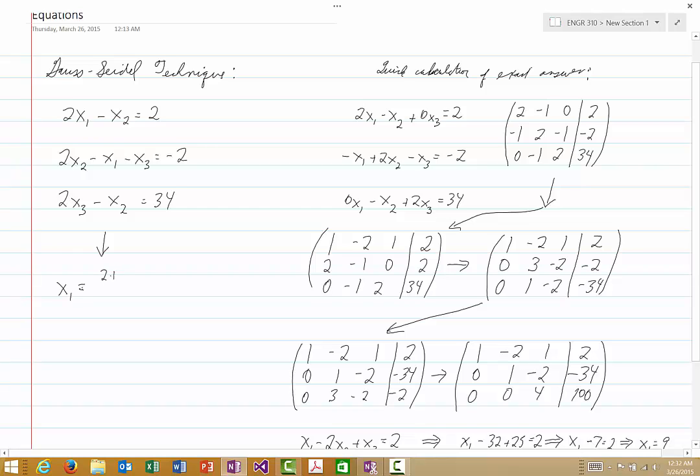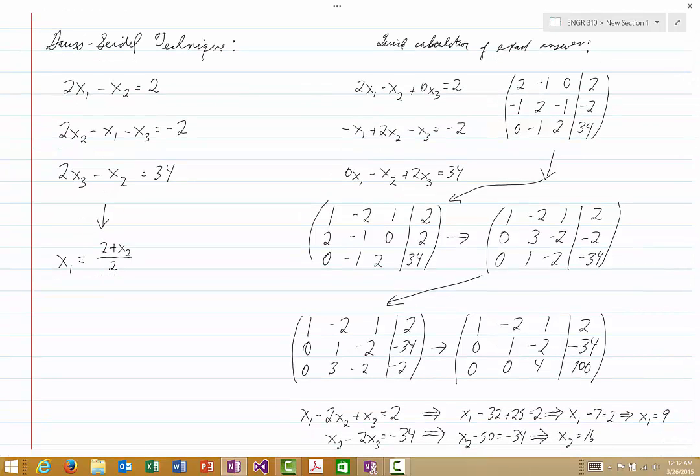2 plus x2 over 2. The second equation will become x2 equals x1 plus x3 minus 2 over 2.